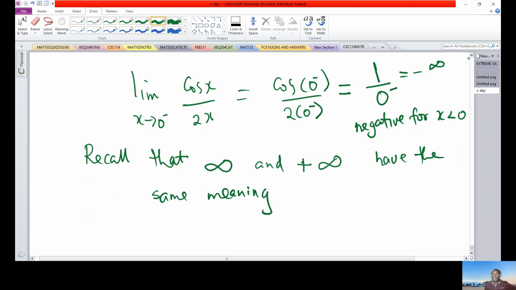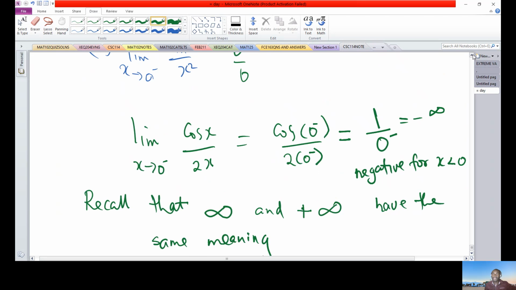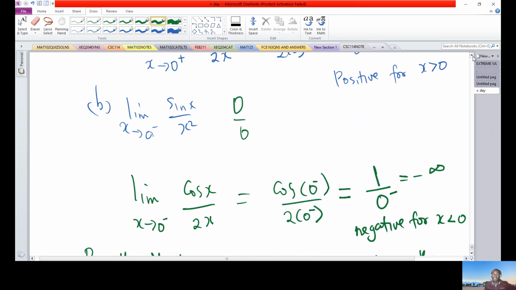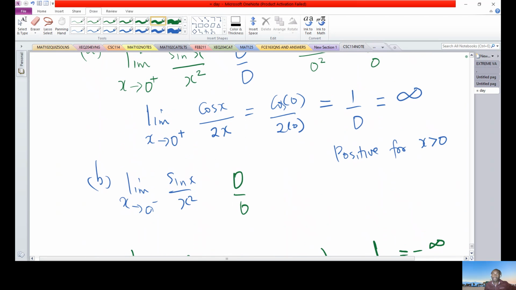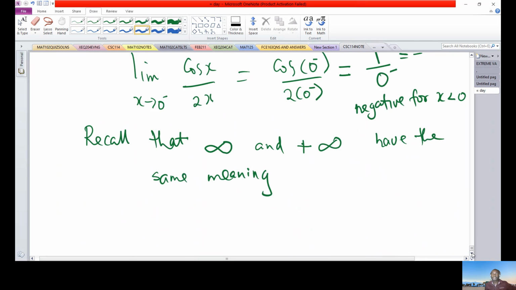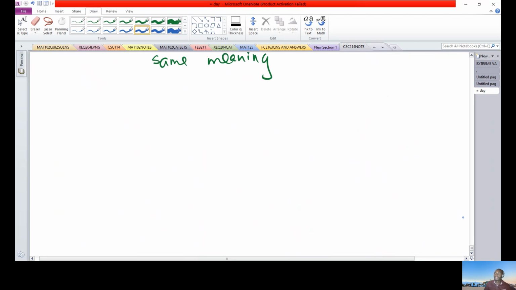So we could have written the first case as infinity from the right, with a positive sign. Writing infinity or writing positive infinity has the same meaning. And then next, more examples.